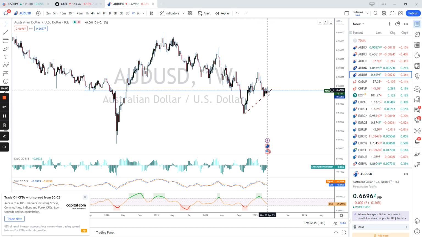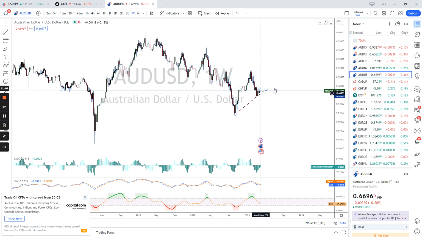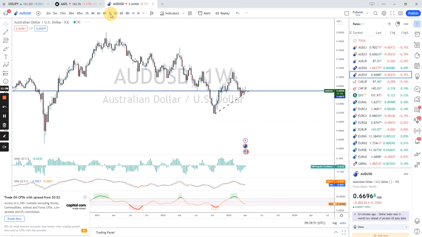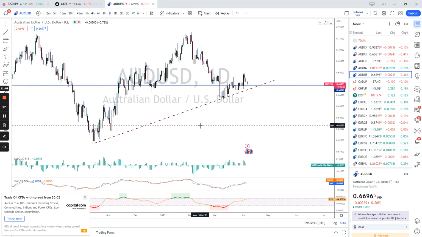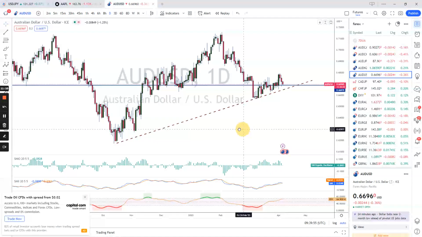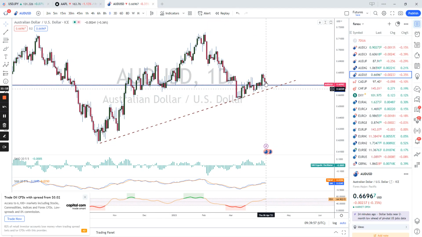Okay, and the bounce from here and the confirmed break above 0.673 will lead higher to test again 0.72, which is not excluded. Also, pay attention to these levels, and if I switch to daily for a minute, you will see all this trouble here.